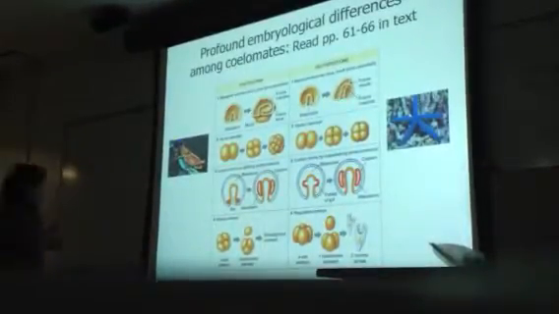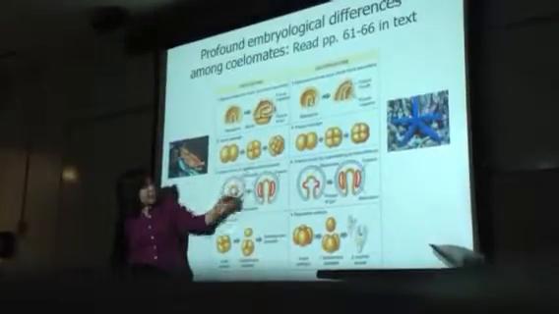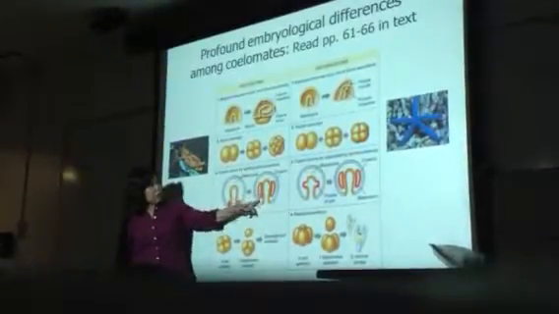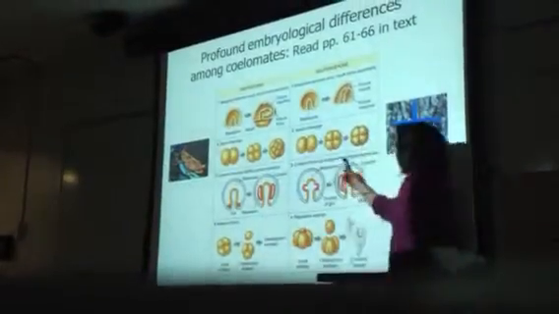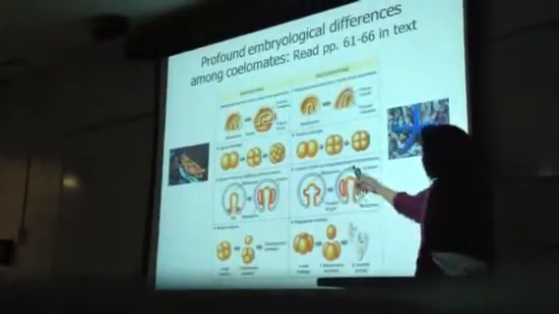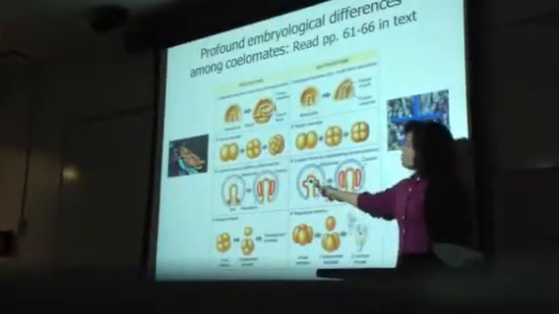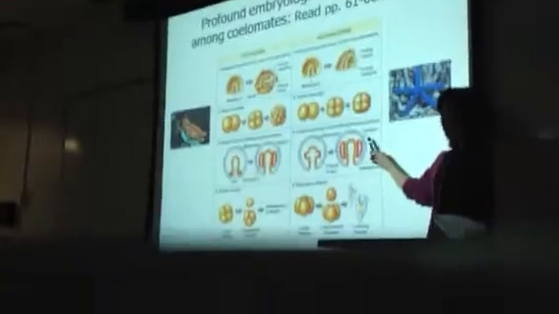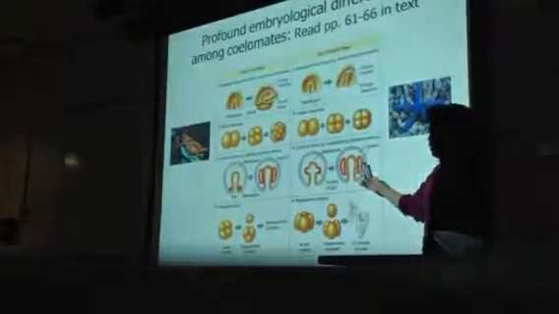Basically it shows you that one way you get it is by splitting of some early mesoderm, and the other is by outpocketing of early mesoderm, these little ear-like structures here. But I'll leave you to look at the details that are in your book.